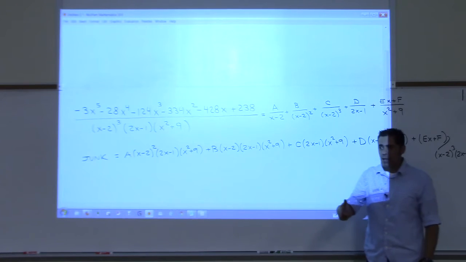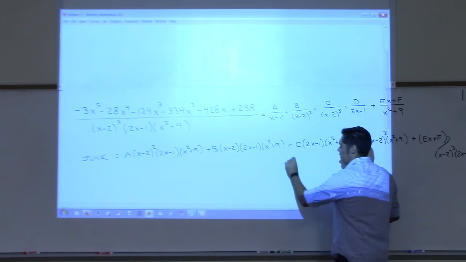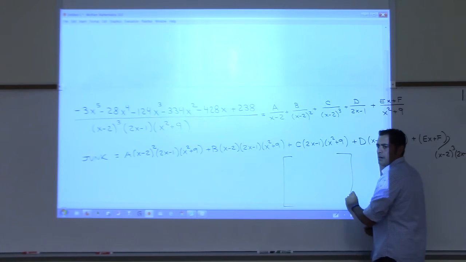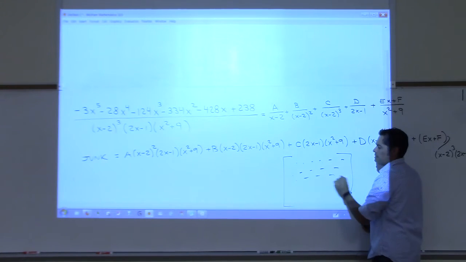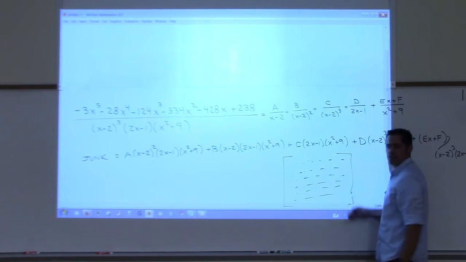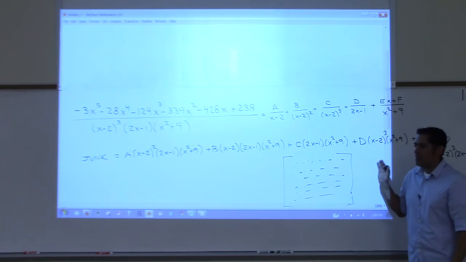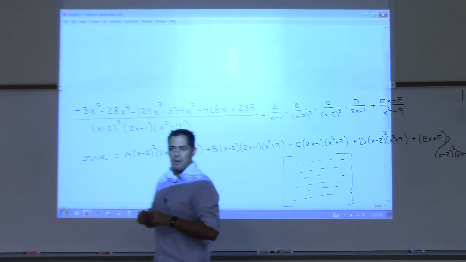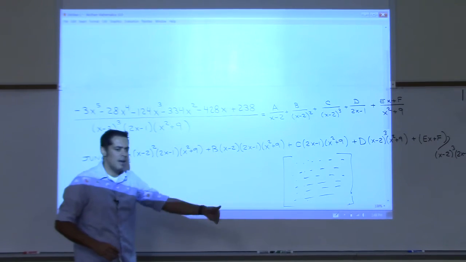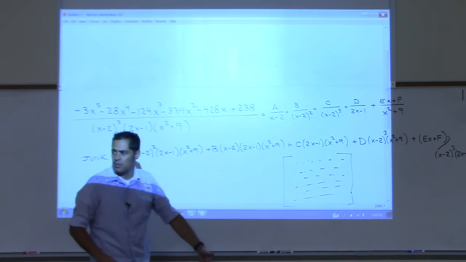And on your calculator, you could set up that system where you have numbers, numbers, numbers, 1, 2, 3, 4, 5, 6. You'd have 6 equations, 6 unknowns, and then you could type everything in, and then hit enter, and it will spit back what A, B, C, D, E, F, what all those answers are, right?